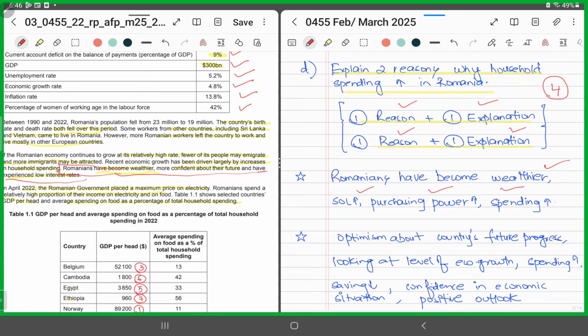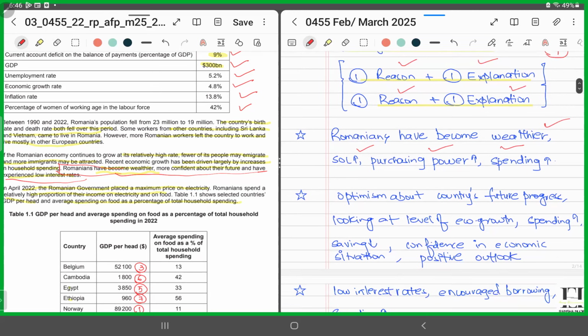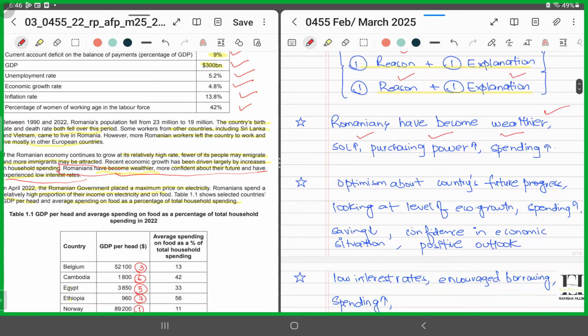Or you could say that yes, the Romanians are more optimistic about the country's future progress. They are looking at the level of the economic growth the country is experiencing. The Romanians have increased their spending on goods and services. As a result, they are saving less and spending more. They have got higher confidence in the economic situation of the country, and they have got a positive outlook regarding the country's economy.